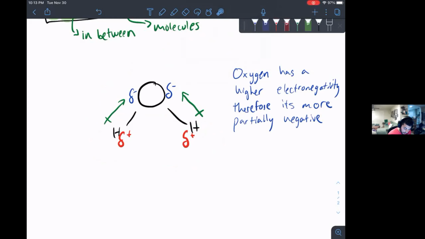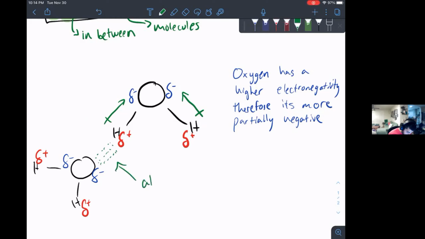And what happens is when we get another water molecule come right up to it, this one's also negative to the hydrogen positive. We start to feel this force of attraction. So we feel this attractive force.